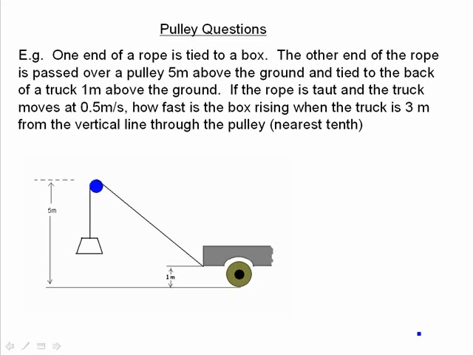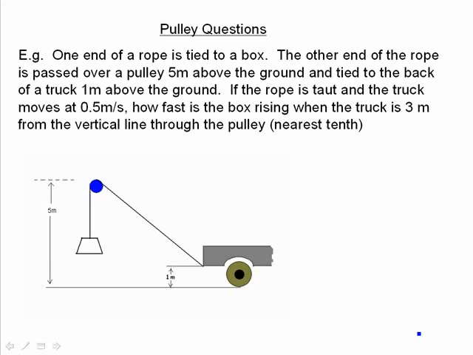Now the rope is tight in all spots, so there's no slack, and the truck is moving at a specific speed. We want to find out how fast the box is rising when the truck is 3 meters from the vertical line through the pulley. And we'll take our answer to the nearest tenth.